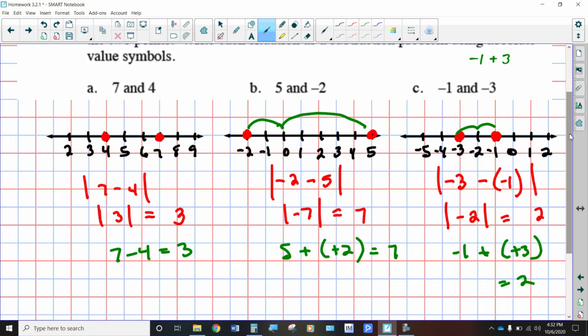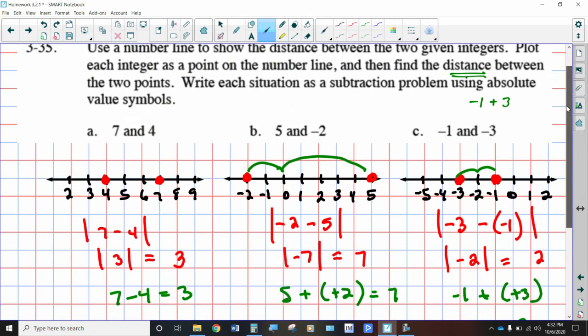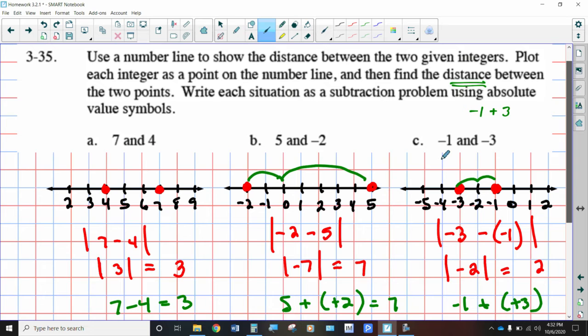Okay, so this is part of the reason why we learn about absolute value. It's not just some neat trick for us to talk about and learn about. There actually are some practical applications of using absolute value expressions. And this is one of them, finding the distance between 2 points, especially if one of them is in the positive and the other one is in the negative.